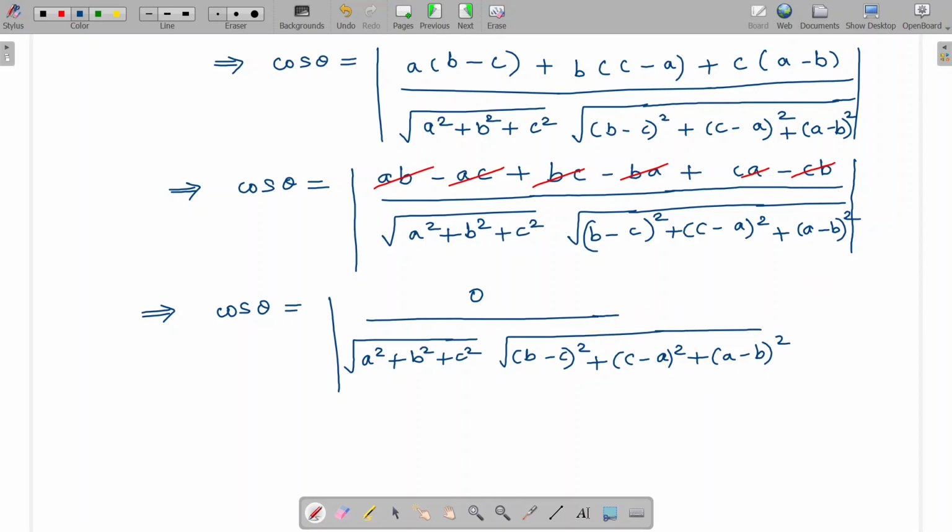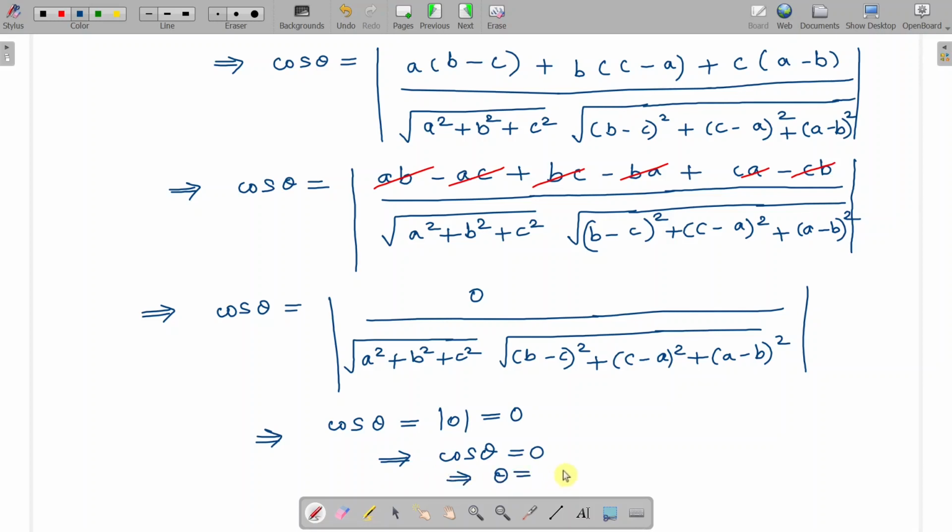So cos theta is equal to modulus of 0, which is 0. So this implies cos theta is equal to 0. That means theta is equal to 90 degrees, or pi by 2 also you can say.